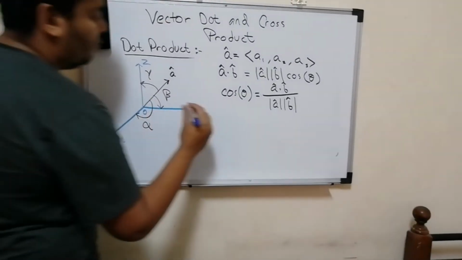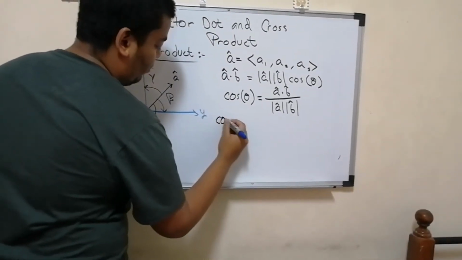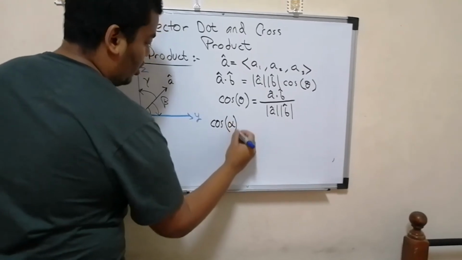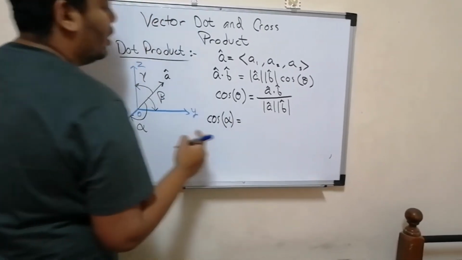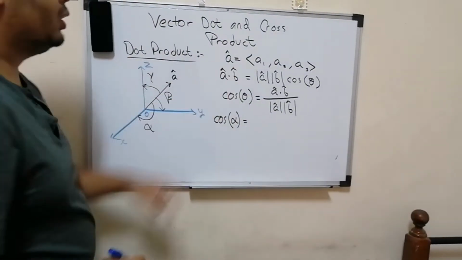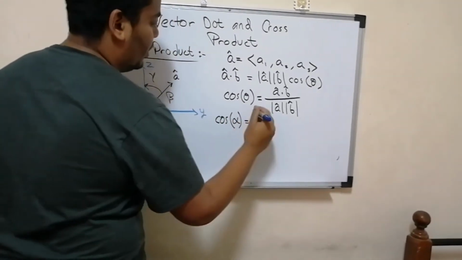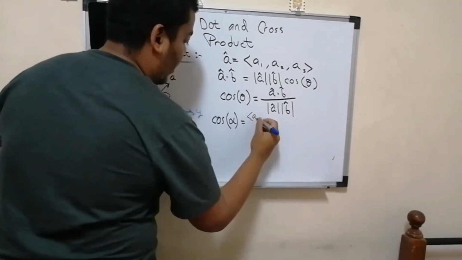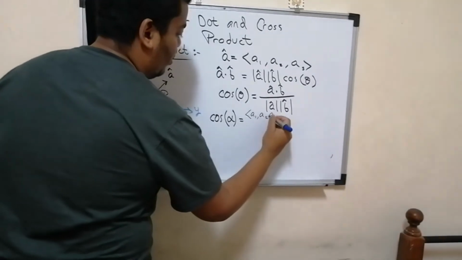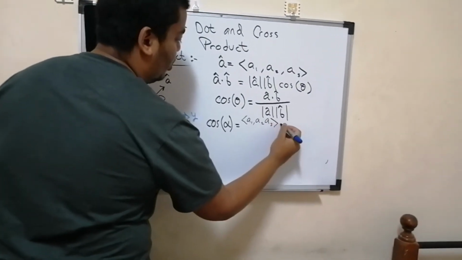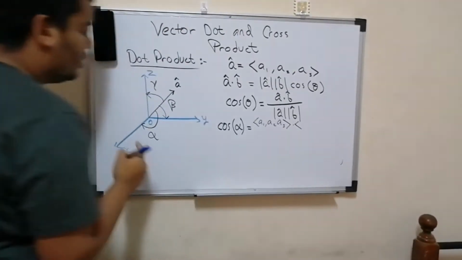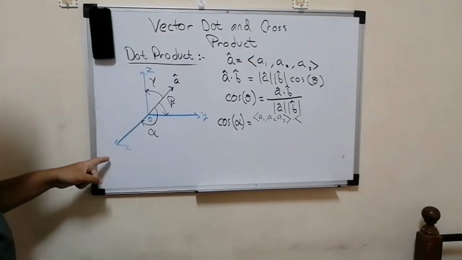Let's replace theta with alpha. So, replacing A there on the numerator, we have A1, A2, A3 dot. So what is the other vector B? In this case, B will be the x-axis.